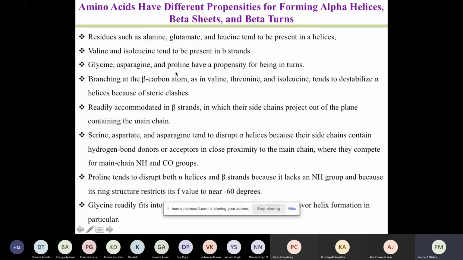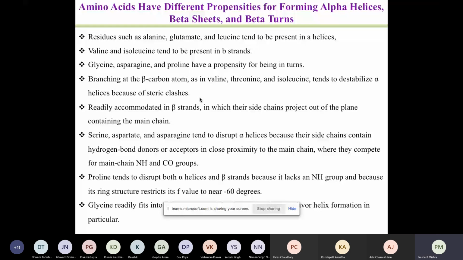The branching in the beta carbon atom: if you look at the valine residue, what you find is they have a branched beta carbon atom. Same with threonine and isoleucine, they tend to destabilize alpha helix because of steric clashes. So this is all theoretical, and of course that is what happens. So valine, threonine, and isoleucine will be mostly present in the beta sheet conformation.